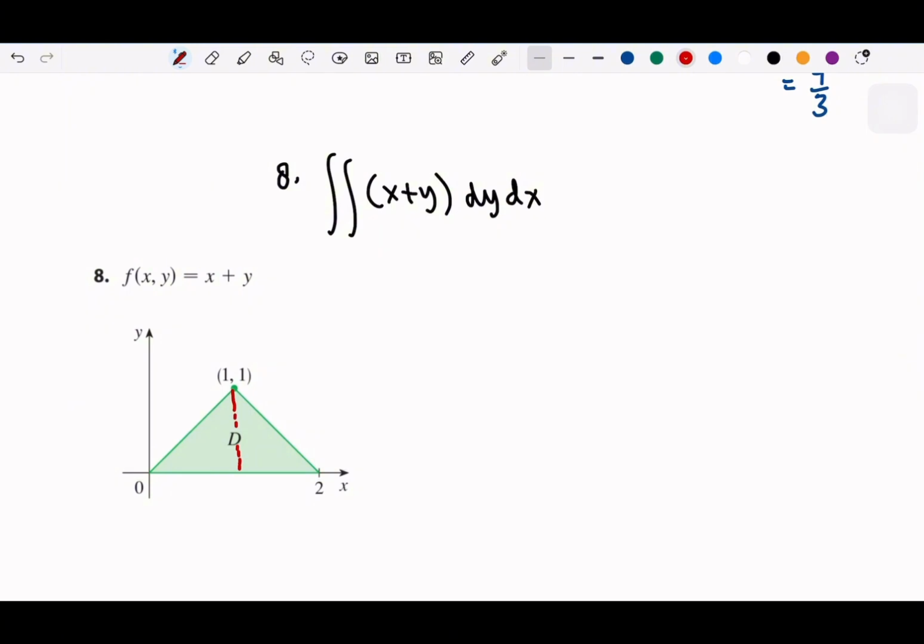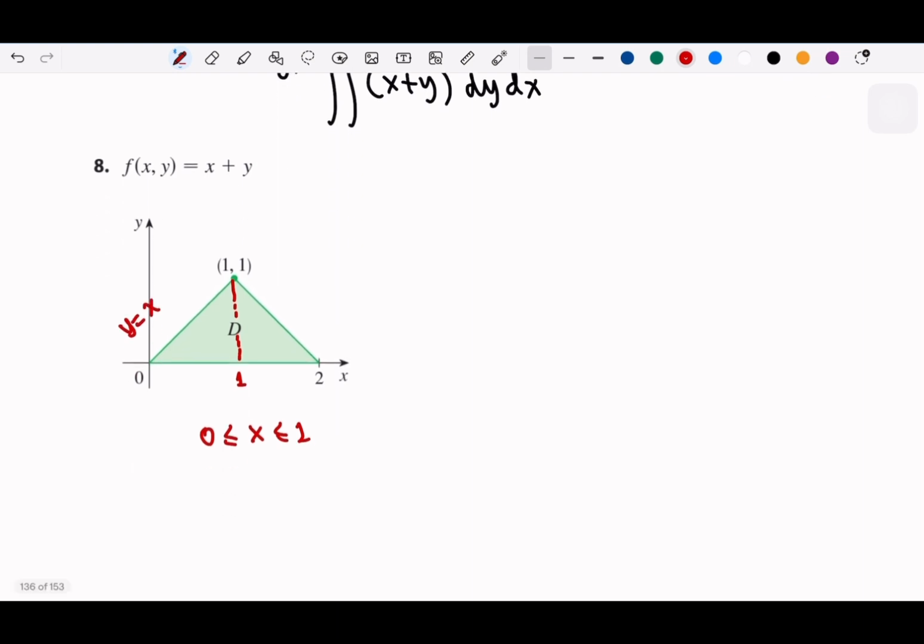So the first one will be 0 to, let's say this is 1, right? 0 to 1 for x. And then since we have y equal x, and then y equals 0, so y will start from 0 to x. This is for 1, okay?